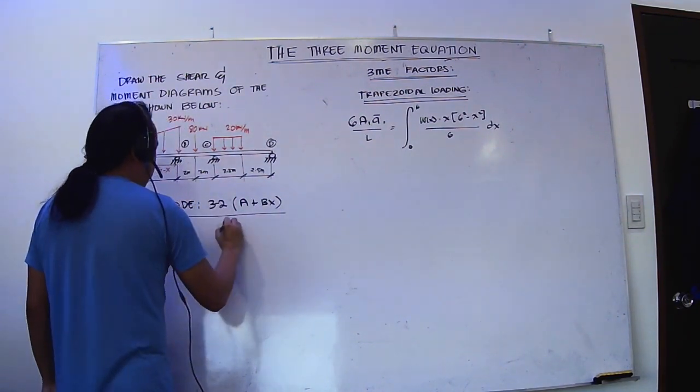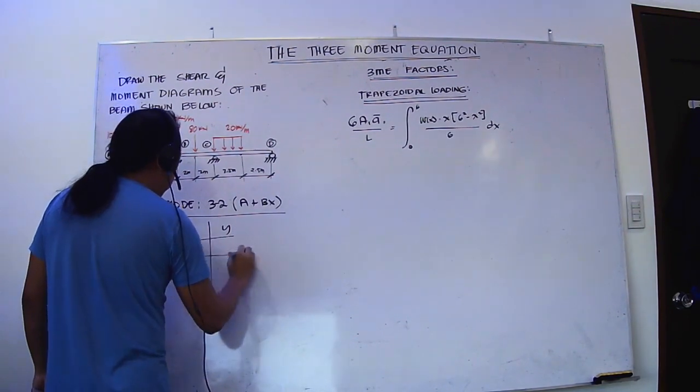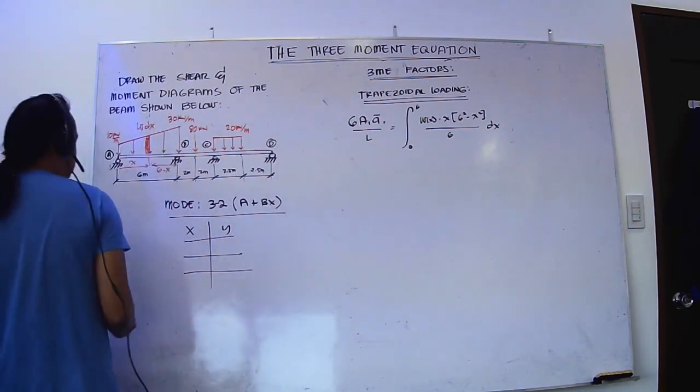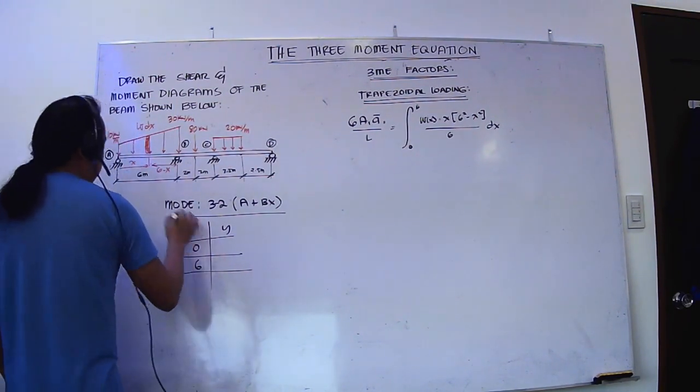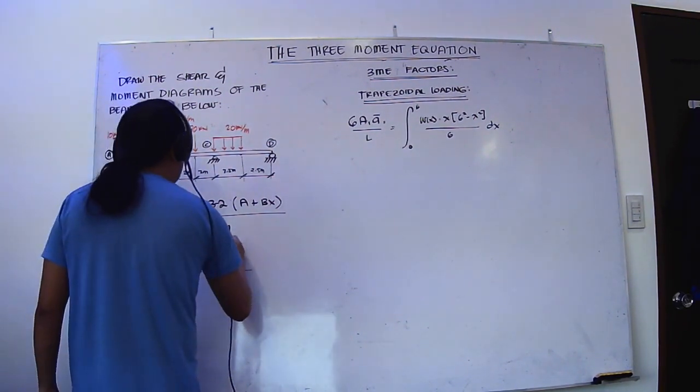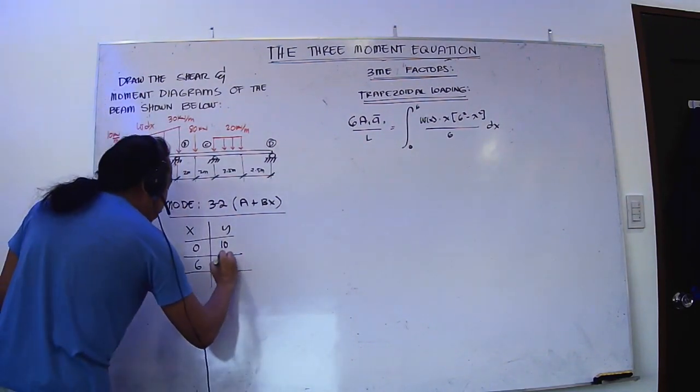So we have x and y. We start from 0, and x is 6. Our y here is equal to 10, and the end here is 30.